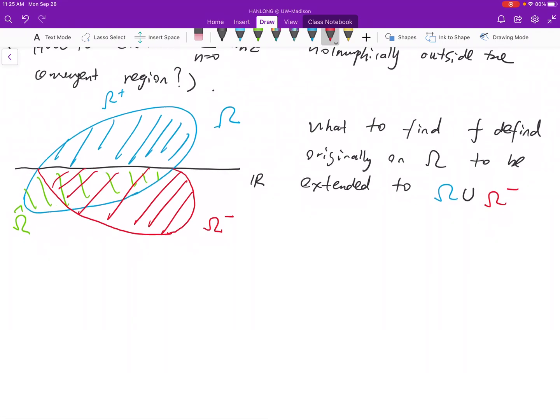It's not true that the extension exists when f is an arbitrary holomorphic function, but if we put on an extra condition, then this extension is possible.